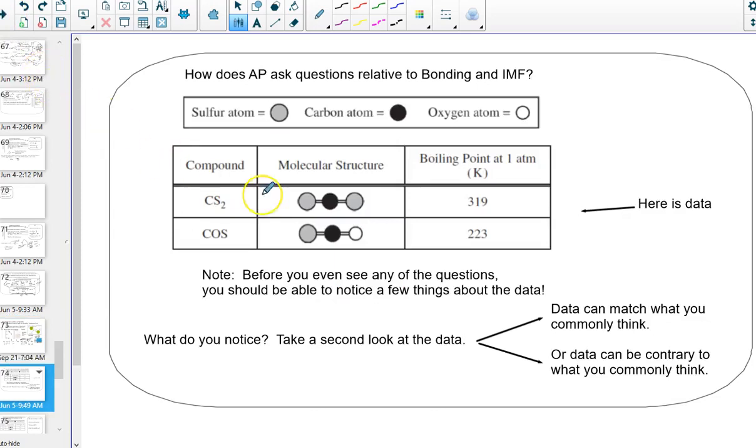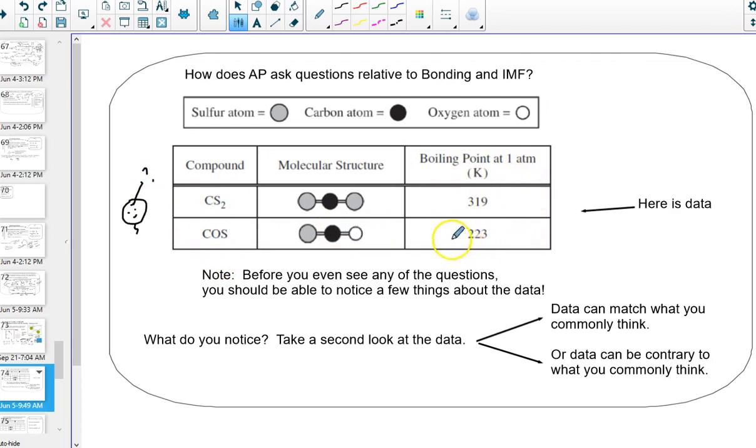So how does AP ask questions relative to bonding and intermolecular forces? This is a great question to give you an idea how this works. As soon as you look at one of these, your brain should automatically be thinking about how you organized those thoughts about bonding. They're showing you a shape, giving you some data.